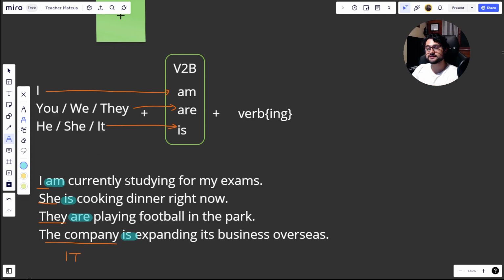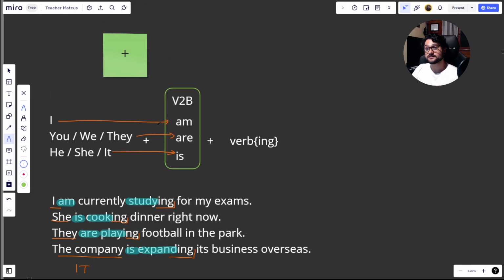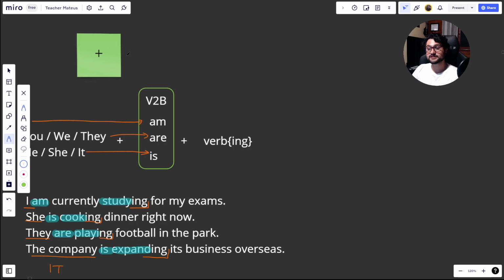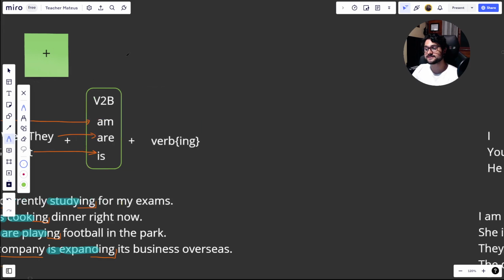And then we see the verbs study, cook, play, expand with this continuity aspect with this suffix ing after the verb. Studying, cooking, playing, and then finally expanding. So we have seen this in the affirmative. Let's identify this in the negative.